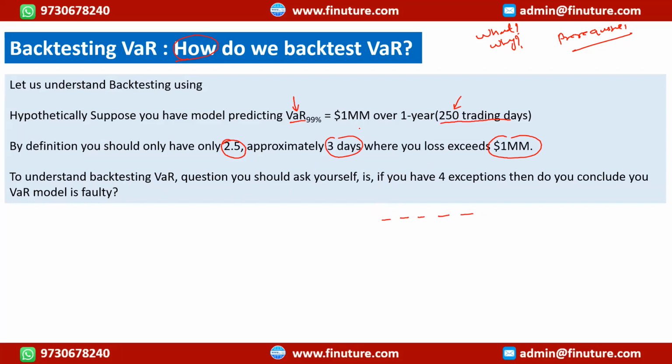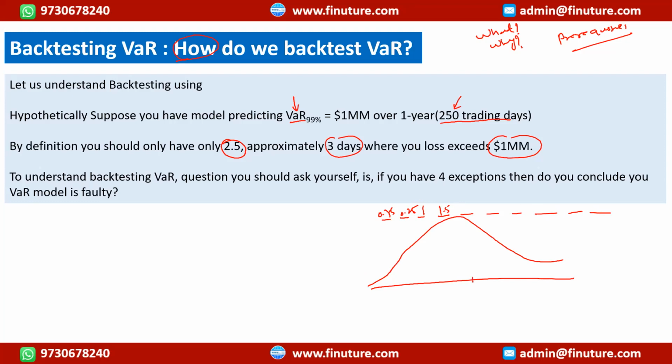Say on the first day your dollar loss is 0.75, then 0.25, on the third day, say it was just 1 million, then 1.5. So you will have this data set for the entire 250 days. For those 250 days, you will plot a distribution.